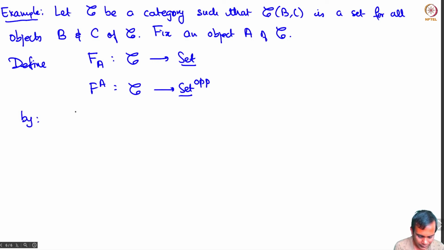So firstly I'll define F subscript A. So F subscript A of B is defined to be all the arrows from A to B, and I need to define it on the level of arrows.